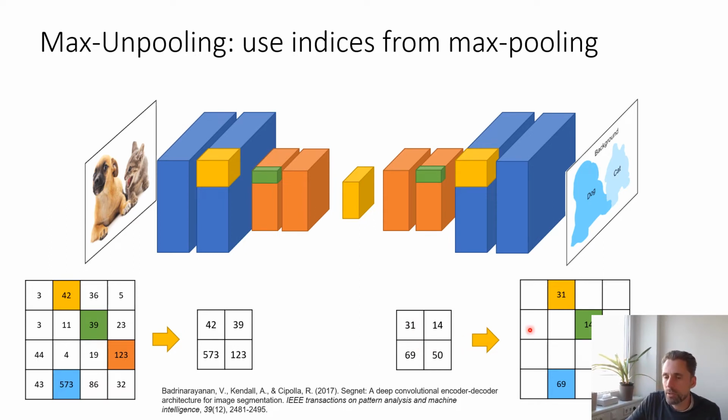And what we can do is we just take the indices that were determined in the max pooling step in the respective layer in the downsampling step, and we write these values into these positions. So this helps in producing much more detailed and less fuzzy boundaries of objects.